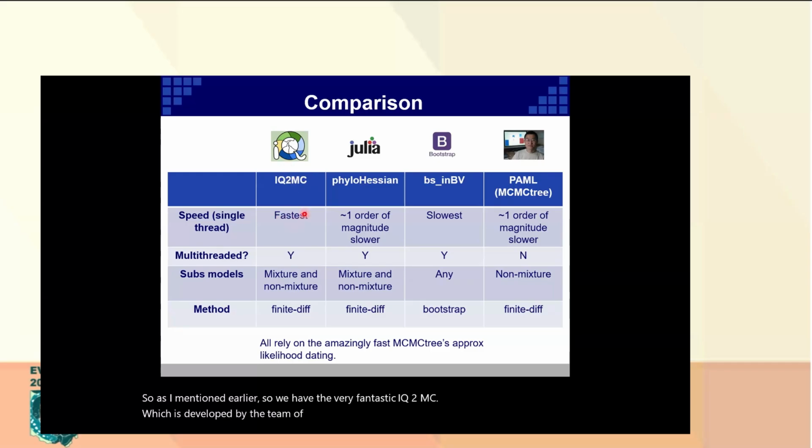So this one is the fastest among all the different methods, and also it has implemented almost all the mixture models and also non-mixture models available in IQ-TREE.